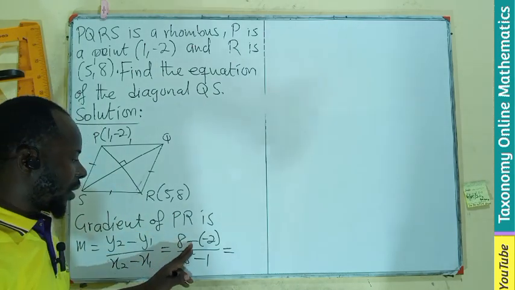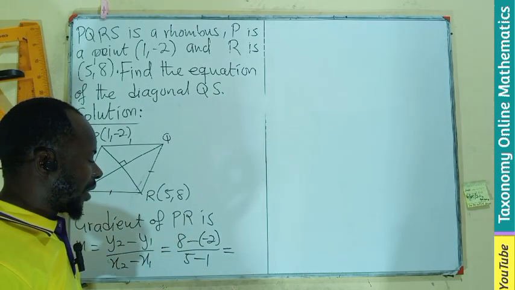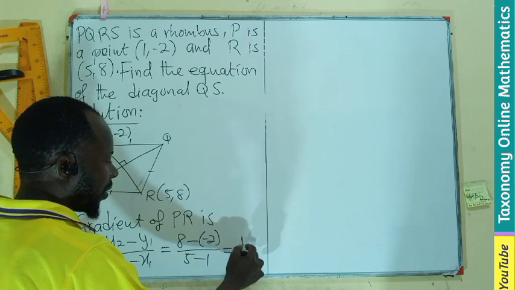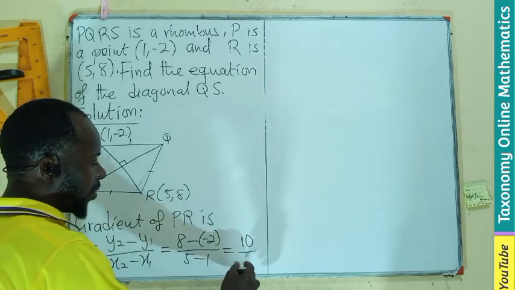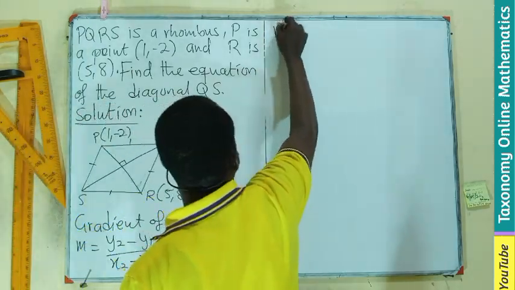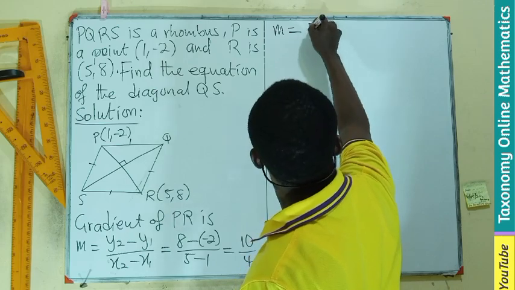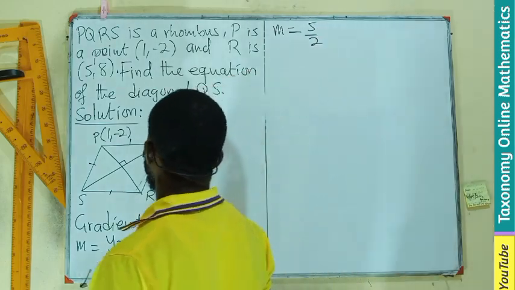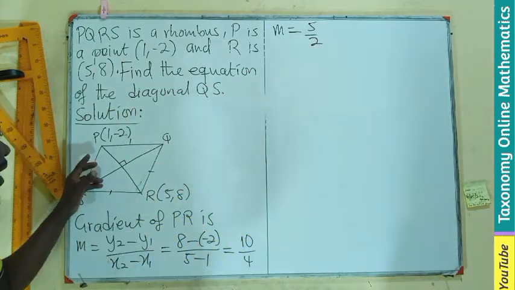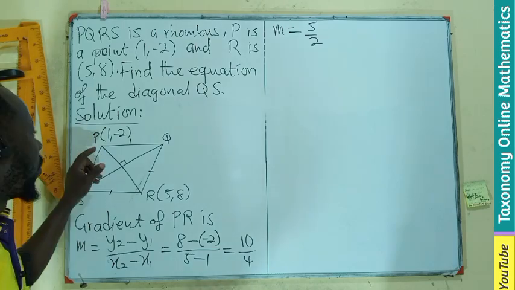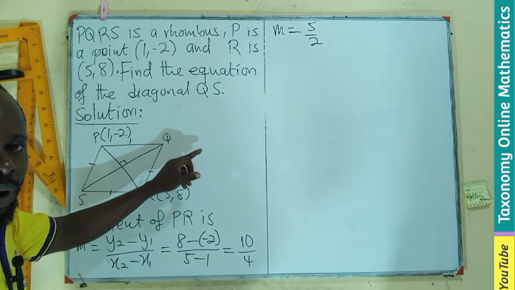This is going to be 10 divided by 4, which we can easily see gradient is equal to 5 divided by 2. That is the gradient of the line which is diagonal PR, which is perpendicular to this.